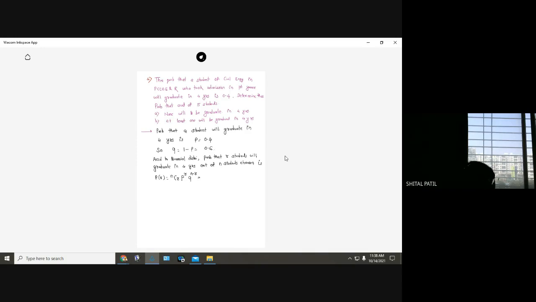Given in the example, 5 students are selected. So 5CR, 0.4 raised to R, 0.6 raised to 5 minus R.